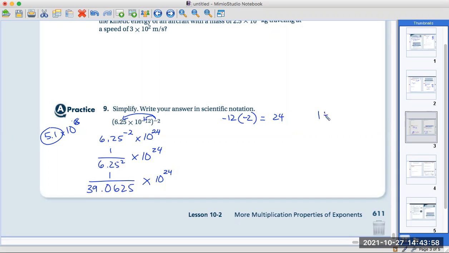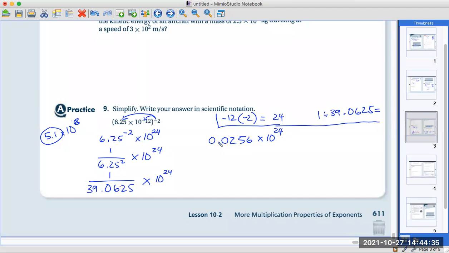I'll put that over here. 39.0625 equals, and you'll find you'll have a number that says 0.0256 times 10 to the power of 24. So we went from here to here. This is sidebar, just side work, showing you how it works.